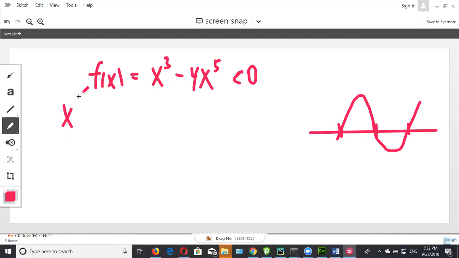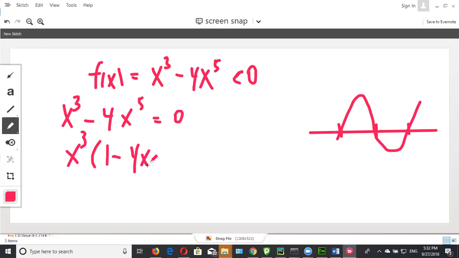So we set x cubed minus 4x to the 5 equal to 0. Here, x cubed is a common term, so we can factor that out. X cubed, when we factor that out, we have 1 minus 4x squared equals 0. So we can set x cubed to 0 and 1 minus 4x squared equals 0. When x cubed is 0, we get x equals 0 as one of the roots of the function.